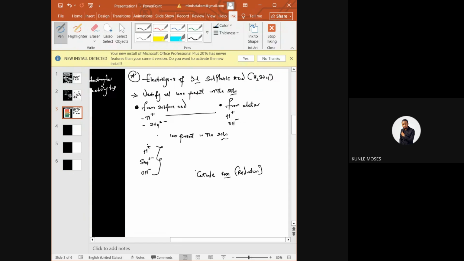Of these ions, the one that is positively charged has the higher tendency to gain electrons, while the negatively charged one has the higher tendency to lose electrons. Please remember that concept, because the positive charge simply means it is at a loss already, so it needs to gain.